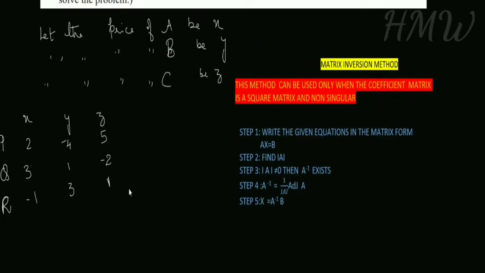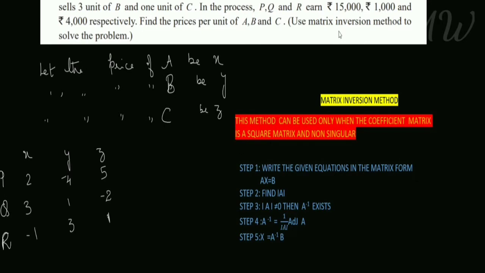So these are the 3 equations, and the earnings are given as 15,000, 1,000 and 4,000.